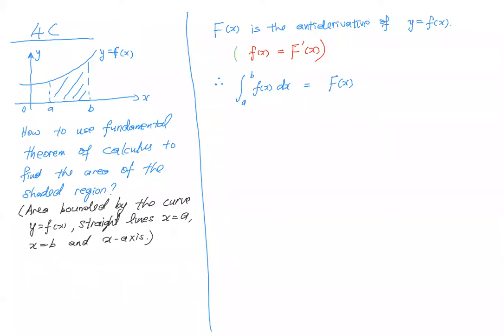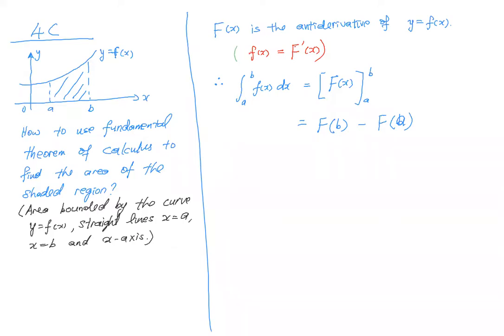Okay, so now we have the limit from a to b, correct? So you put a square bracket, a to b. Therefore, this is equal to F, the top, minus the bottom. This is called substitute x equal to b, take away substitute x equal to a into the capital letter F(x) function.